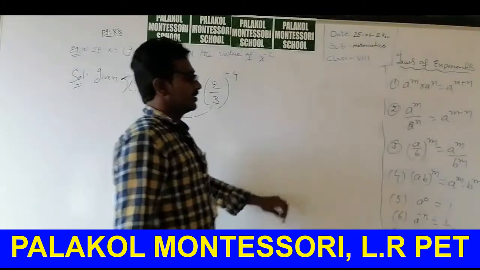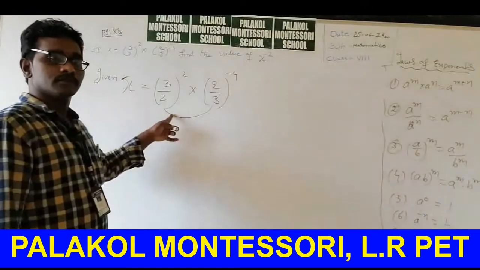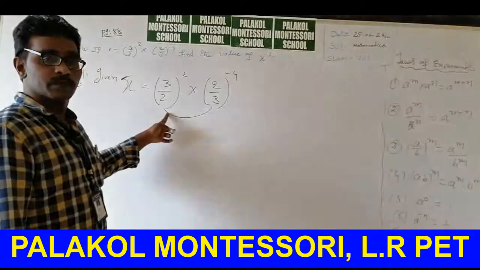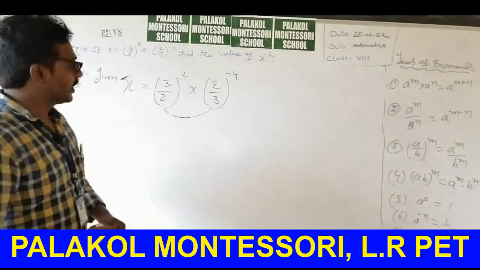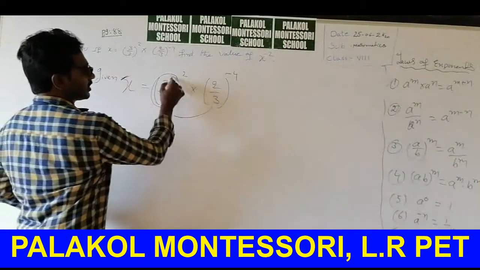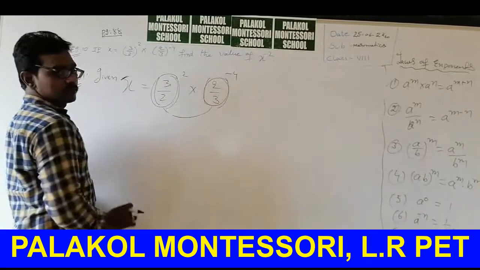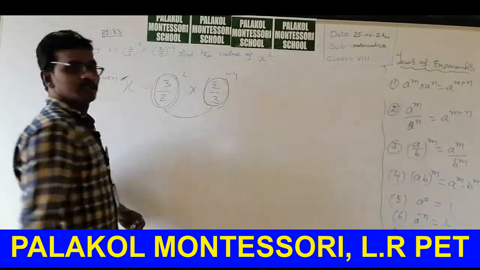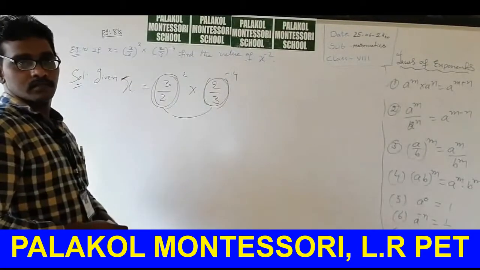Is any formula suitable for this one? Yes, the first formula is suitable. Sorry, that is wrong. Why? Because here the bases are different. Here the base is 3 by 2, but here the base is 2 by 3. Bases are different. First you change the bases.